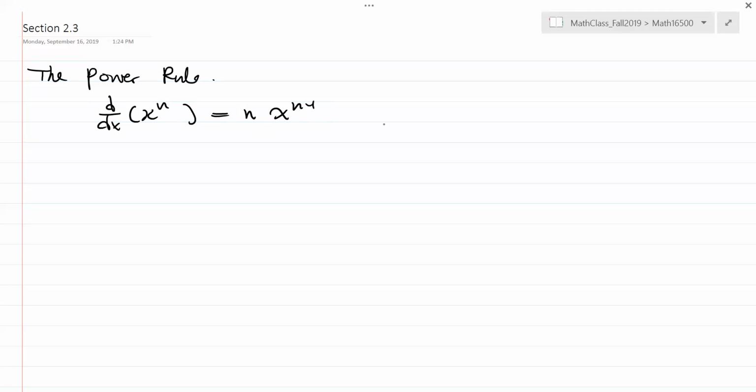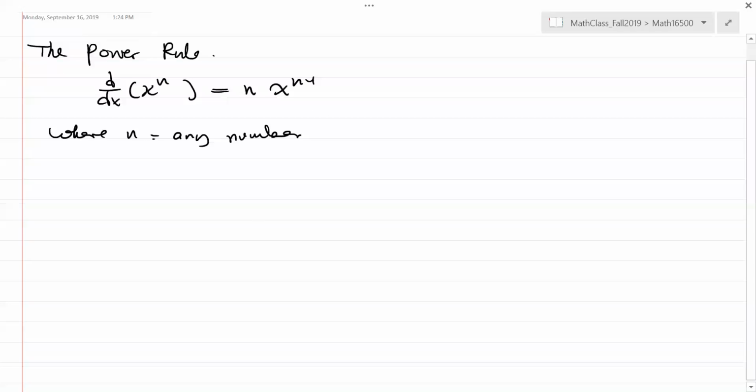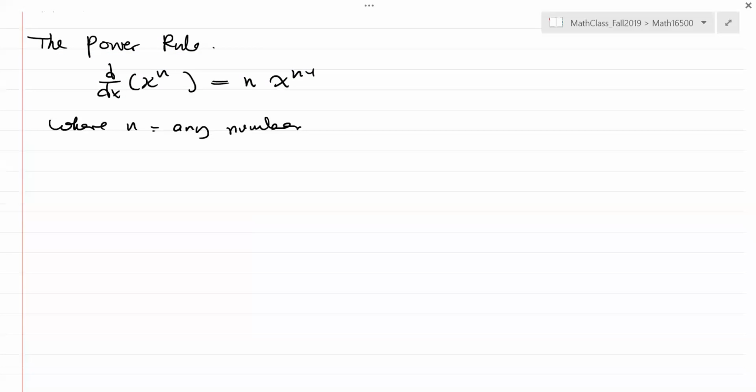Not necessarily an integer. For example, if you use this formula, you can easily find the derivative of 1 over the square root of x.